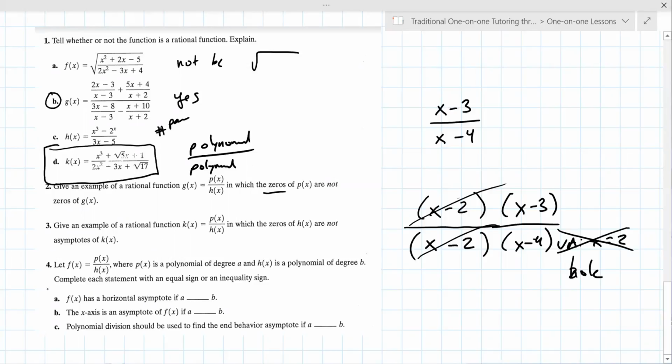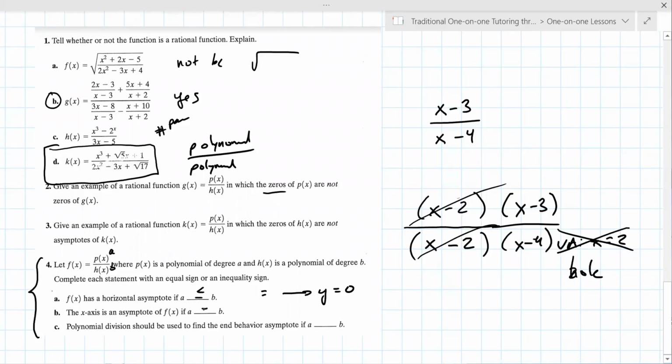Okay, so number 4 is the classic: what are the three possibilities for the degree of the numerator and the degree of the denominator? It has a horizontal asymptote if A, the degree of P of x, is less than or equal to B, the degree of the denominator. When A is less than B, it becomes y equals 0, and the x-axis is an asymptote of f of x.